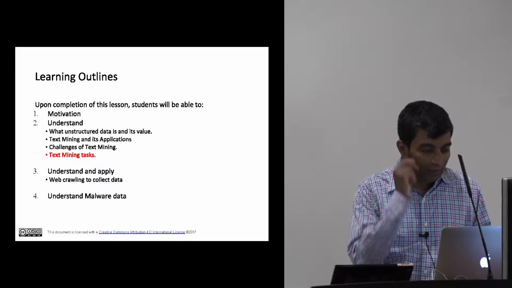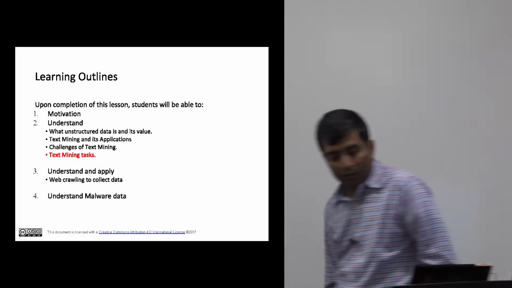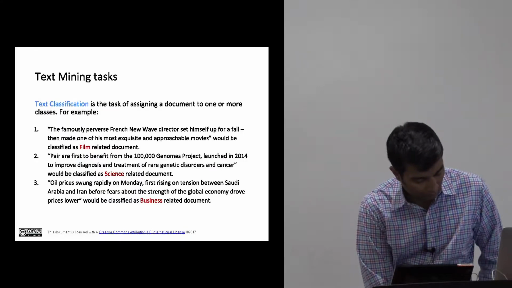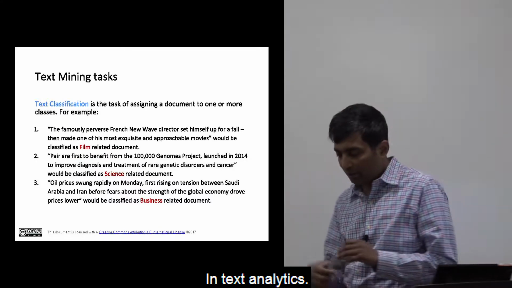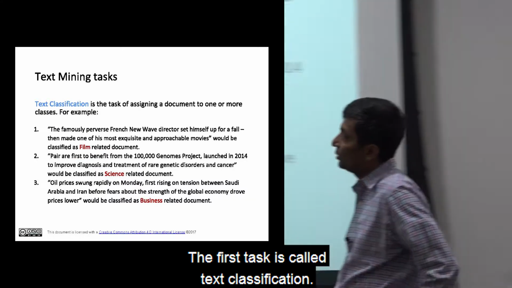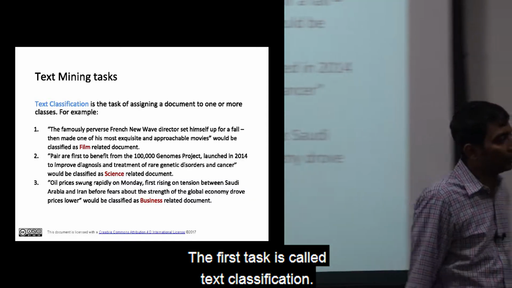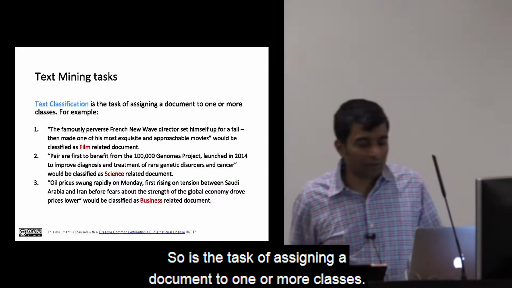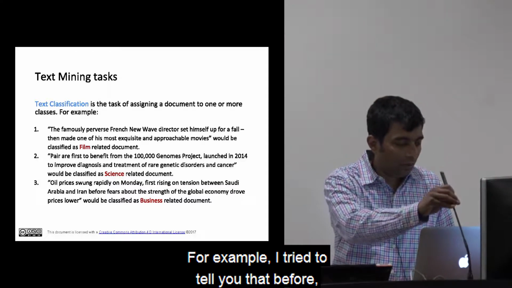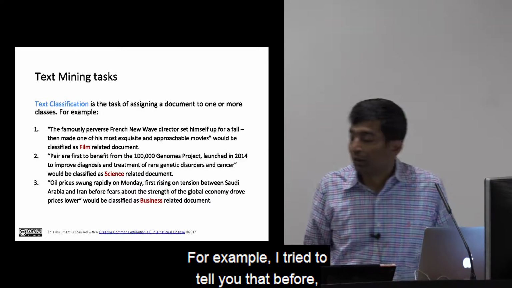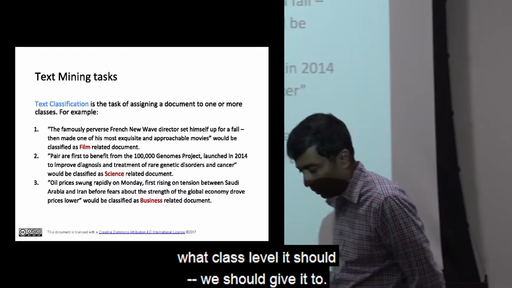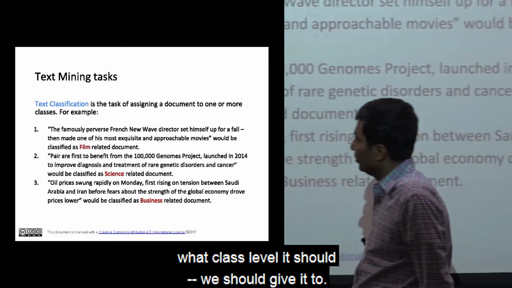And finally, what are the tasks we can do in text analytics? The first task is called text classification. It's the task of assigning a document to one or more classes. For example, as I told you before, for incoming text we want to label it, deciding which class label to give it.